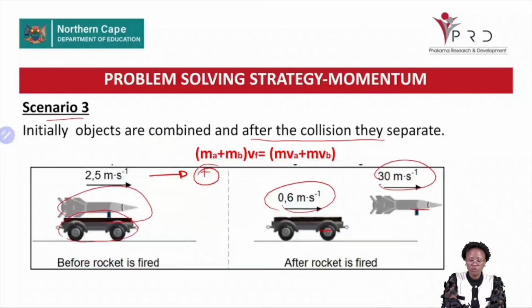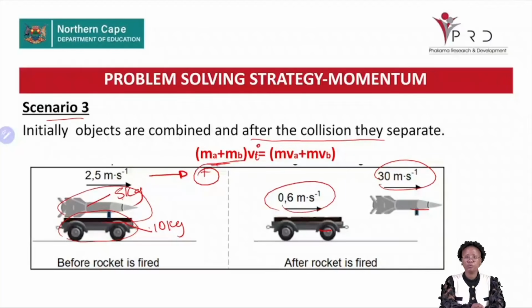So all you have to do here, if we are assuming that this one was 5 kg and this one was 10 kg, is add their masses at the beginning, because they share the initial velocity. Their masses are the 5 kg plus the 10 kg.